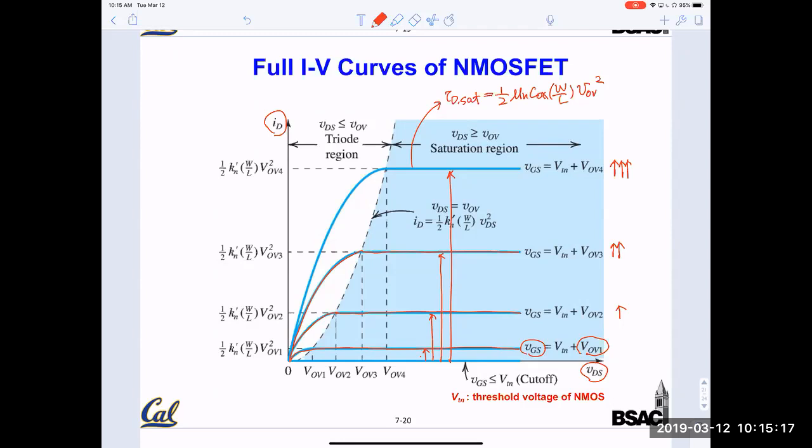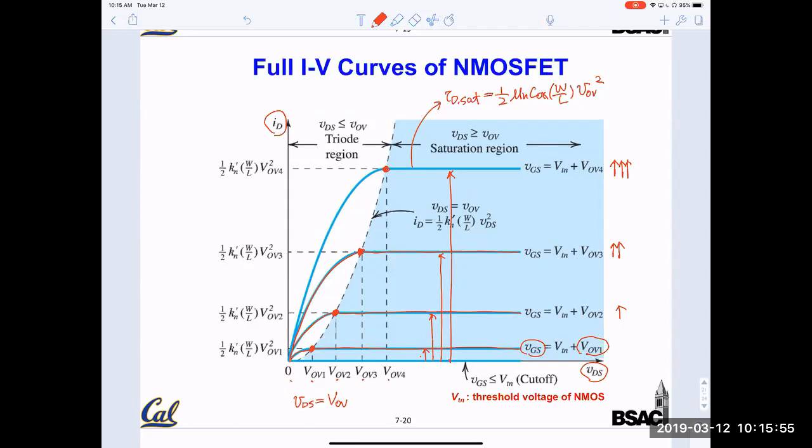If you look at the horizontal axis, this maximum point, as we mentioned, happens when VDS equals V overdrive. Now, if we increase V overdrive, they will happen at different voltages. And again, the graph looks like they are almost equal increments, if we go from, say, overdrive of 1 volt, 2 volts, 3 volts, and 4 volts.